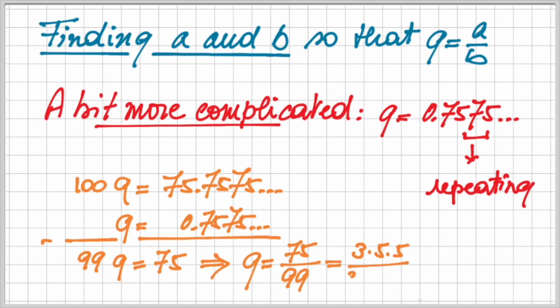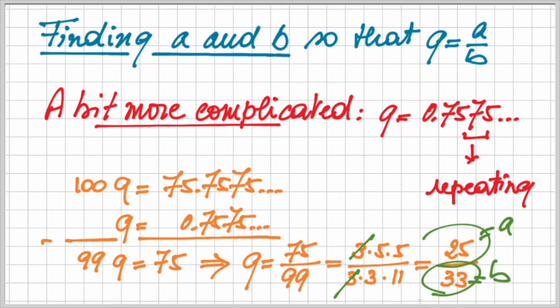So basically what we can say is that when we factorize the numbers, 75 can be written as 3 times 5 times 5, and 99 is 3 times 3 times 11. And we can simplify with 3. So basically the smallest numbers in this case are 25 divided by 33. So a is equal to 25 and b is equal to 33.